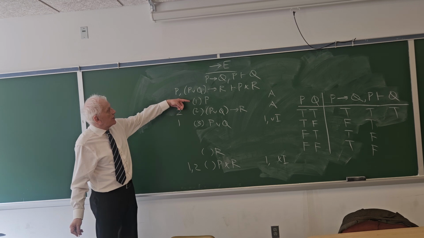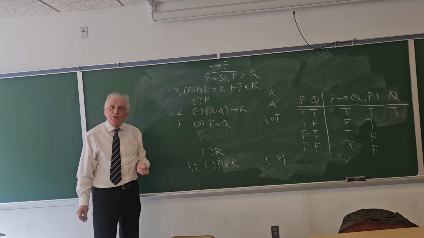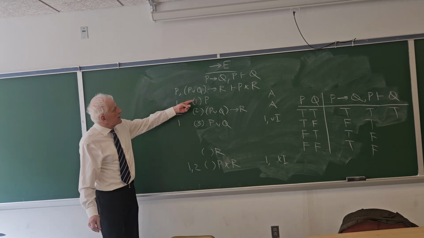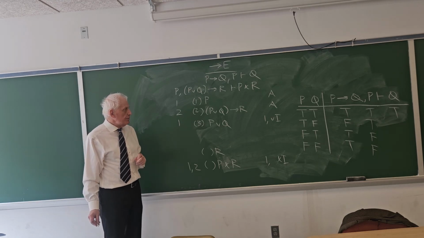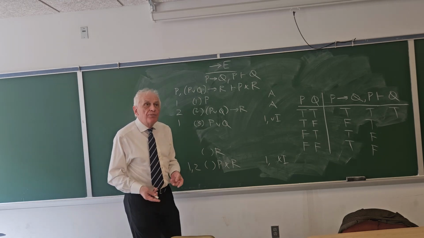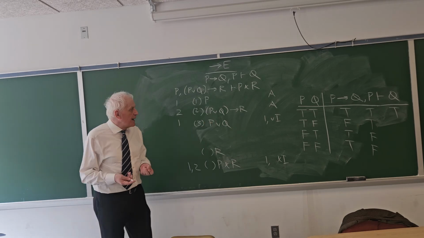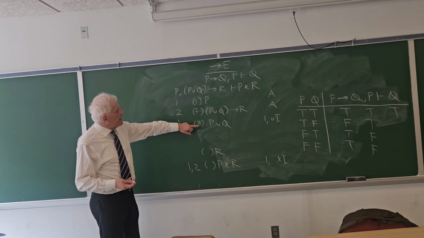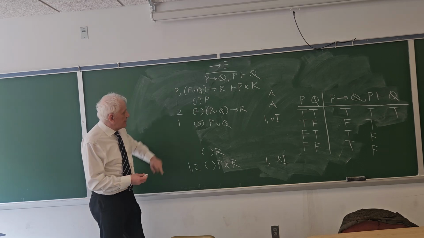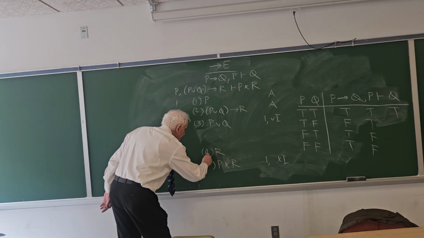If the sentence on line 1 is true, then the sentence on line 3 must be true. Because this says P is true, and this says either P or Q is true. Where does Q come from? It comes out of logical space. And now we have on line 3 the antecedent of the conditional on line 2.